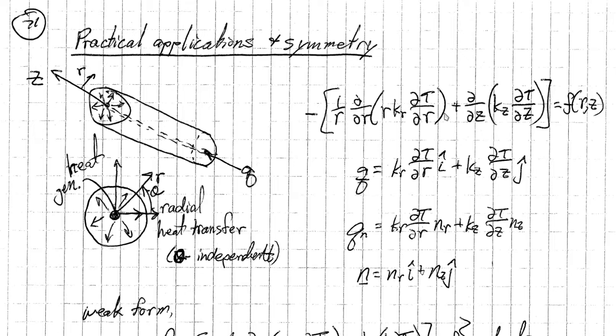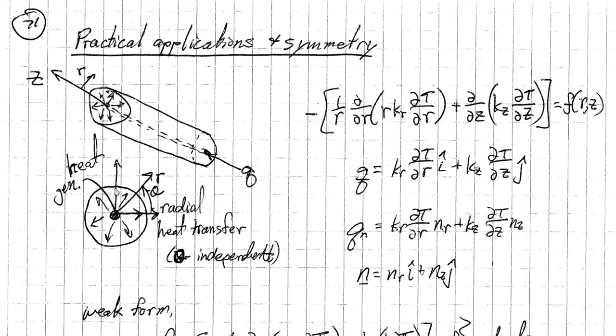So we start out with an example in symmetry where over here you have a rod. There may be heat transfer along the center of this rod in the radial direction, and you may also have variations in convection along Z. So here's our definition of our radius, a radial heat transfer.